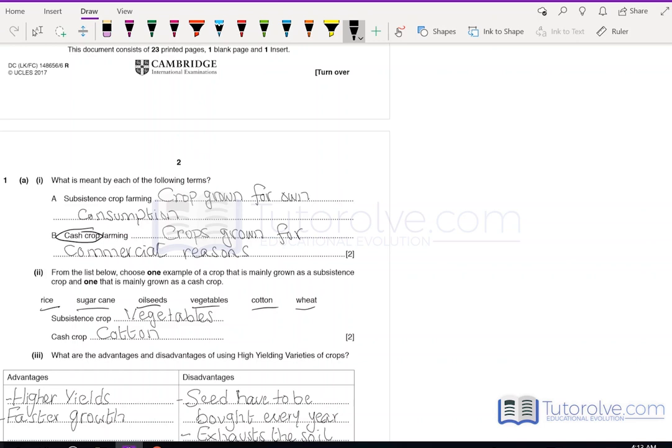But to make it a more accurate answer, vegetables are more of a subsistence crop because they are used mostly in a domestic setting, where households even grow their own vegetables. For a cash crop, cotton, because cotton is one of the major exports from Pakistan, therefore it is a valuable cash crop. So these two would be a good fit.